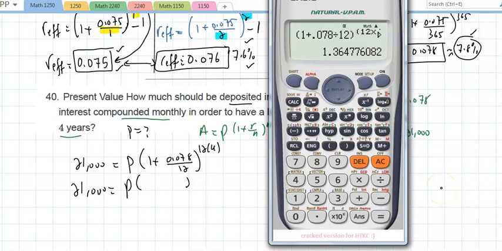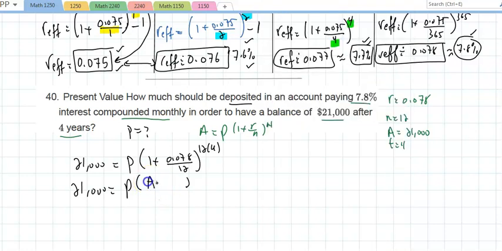I could write all of that down, or, do you see that answer key down there? That answer key is the last calculation that we just did. So, on any calculator, anytime you figure out a calculation, it stores it in the answer. And if 21,000 equals P times answer, what does P equal?